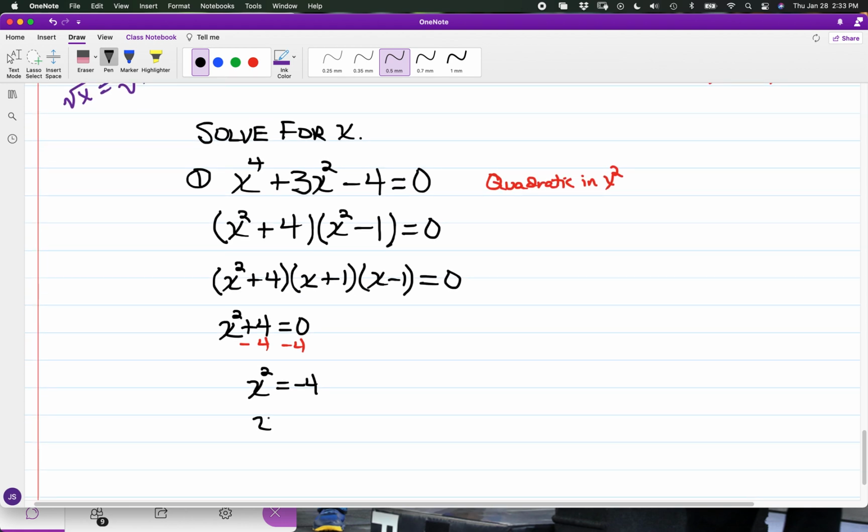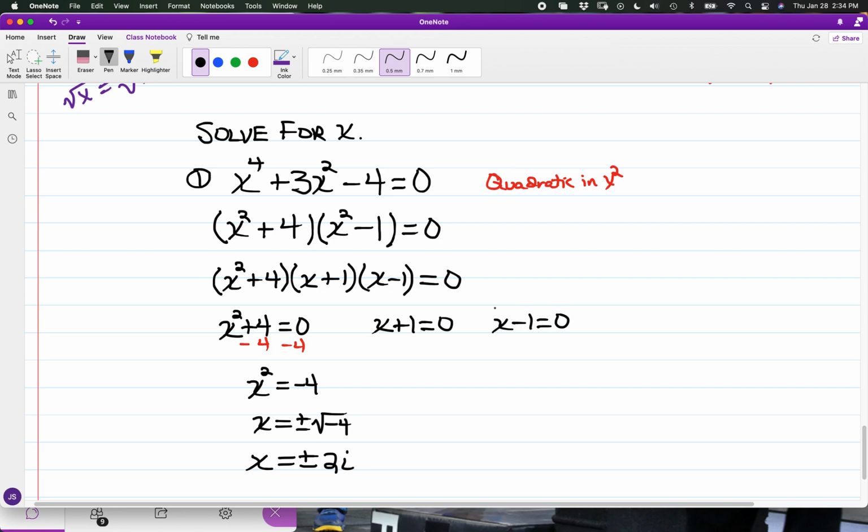With the square root property of equality, going from x squared to x, we have x equal to plus or minus the square root of -4. The square root of -4 becomes 2i, so you have positive and negative 2i for this set, and for the other factors we have x plus 1 and x minus 1.